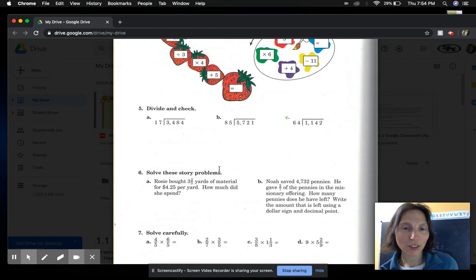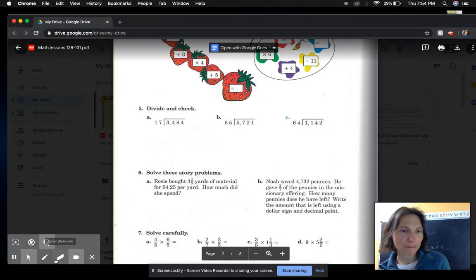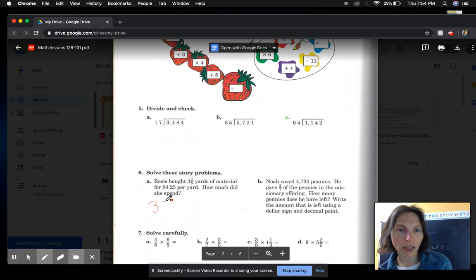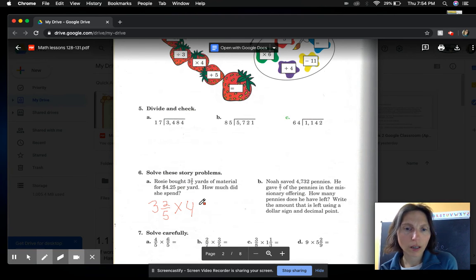Rosie bought 3 2/5 yards of material for $4.25 per yard. How much did she spend? So she had to buy 3 2/5 yards times 4.25 per yard, which is also 1/4, equals.